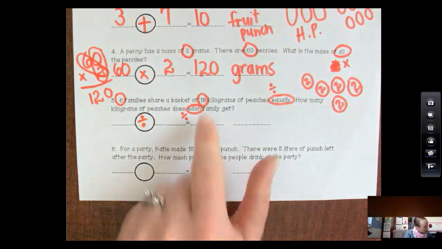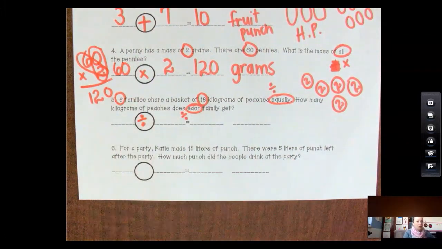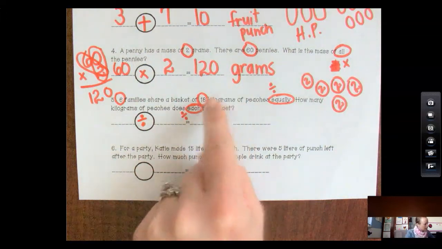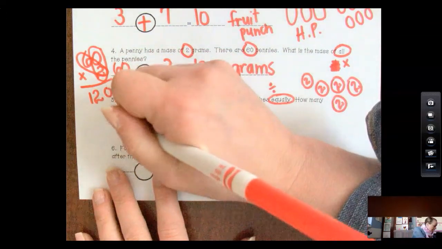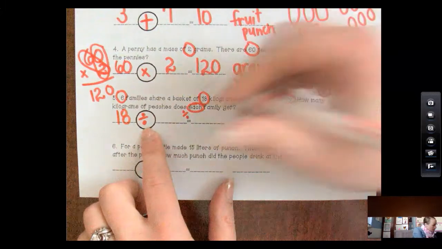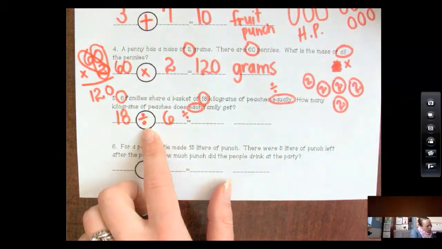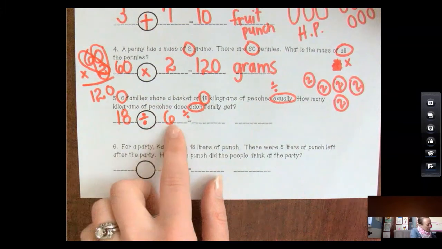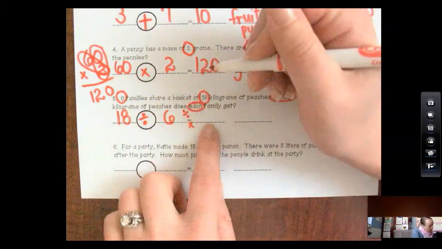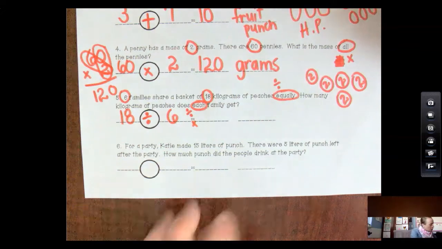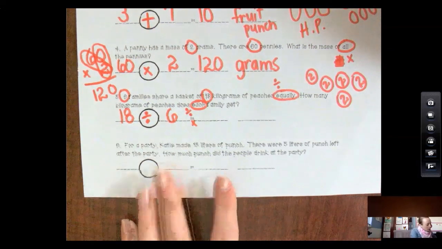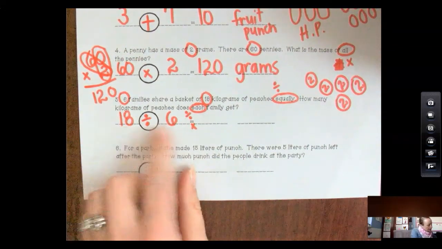I have a 6 and an 18. Which one will go first? If you said the 18, you're exactly right, because when we're dealing with division, that bigger number always goes first. So what is 18 divided by 6? You say to yourself, what times 6 is 18? If you don't know, you're going to have to draw a picture. This would be 18 things in 6 groups.